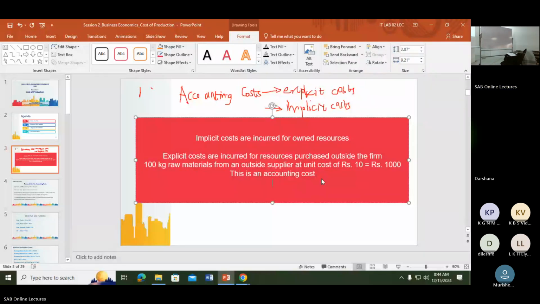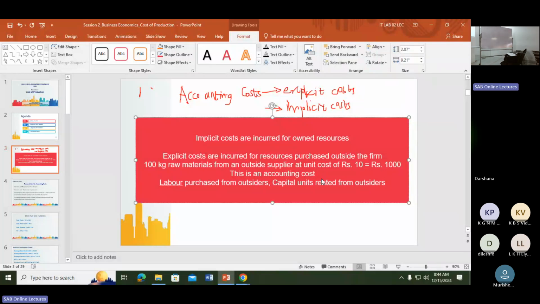Likewise, for labor purchased from outsiders, for capital units purchased or capital units rented from outsiders, they are accounting costs.